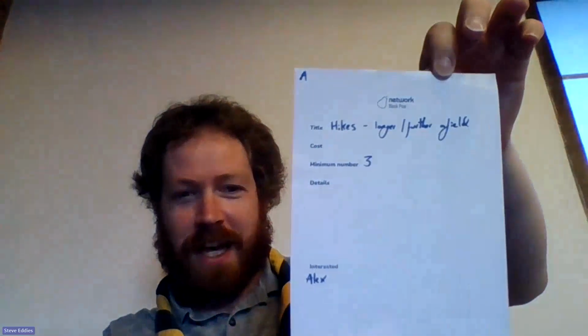So I guess I'm going to pick on the first example here, which is hikes longer or further afield. I don't know if you can read that on the video, but we've got a card which is showing who's interested in various things and some of the basic details about them.